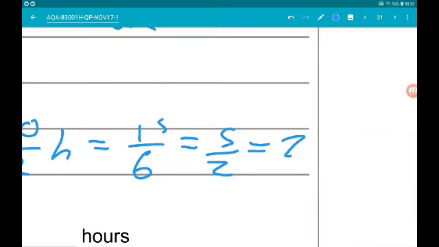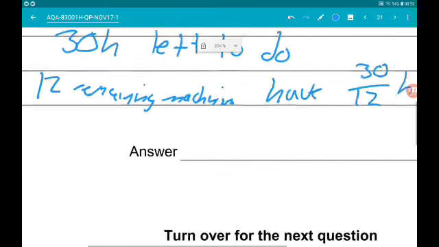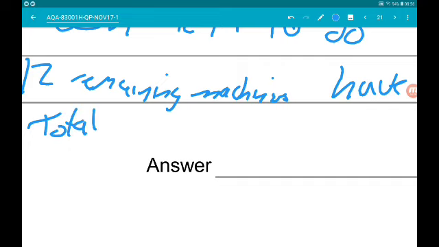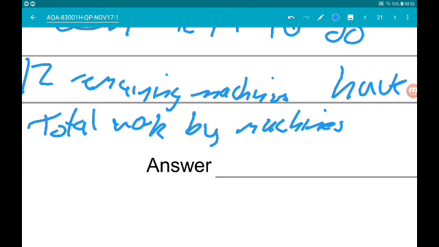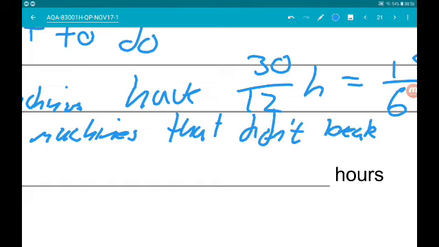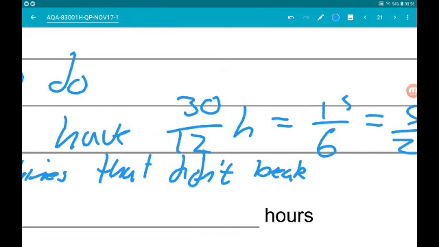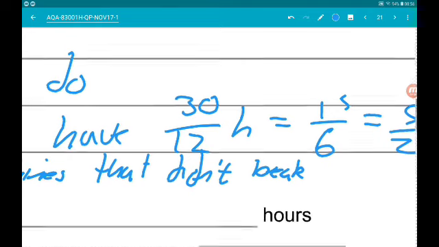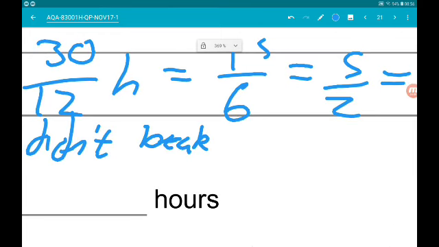2.5 more hours. So the total time worked by the machines that didn't break is, well, we know they worked 6 hours before the other ones broke, and now they've done another 2.5 hours, so each one has worked 8.5 hours.